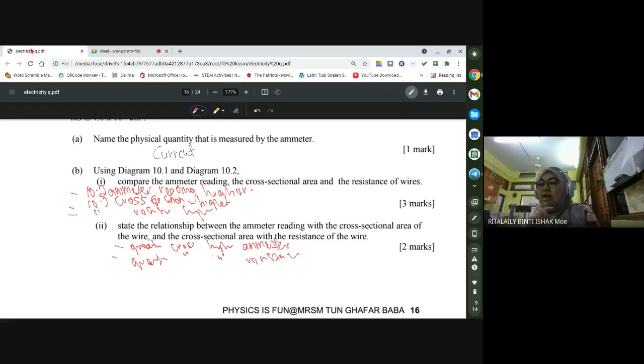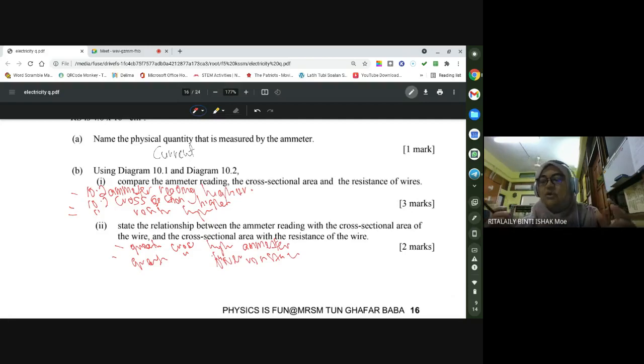When the cross-sectional area is greater, the resistance is lower. Therefore, due to the low resistance, that is why we get a higher reading of ammeter. Due to the low resistance, the current flow is bigger.